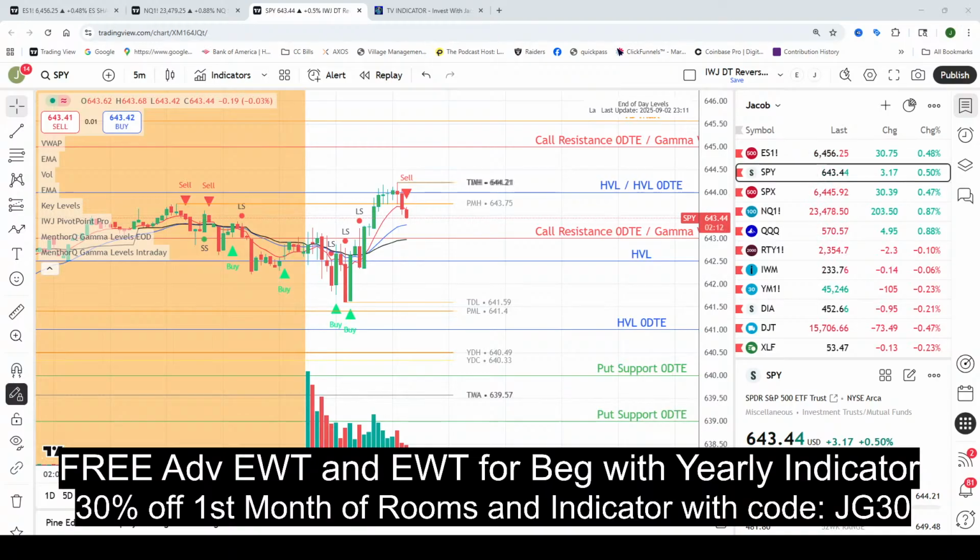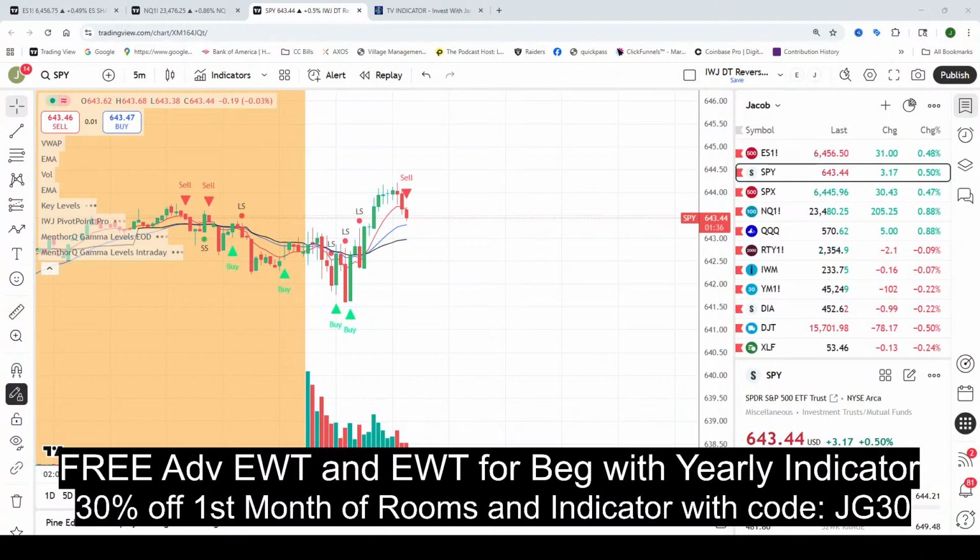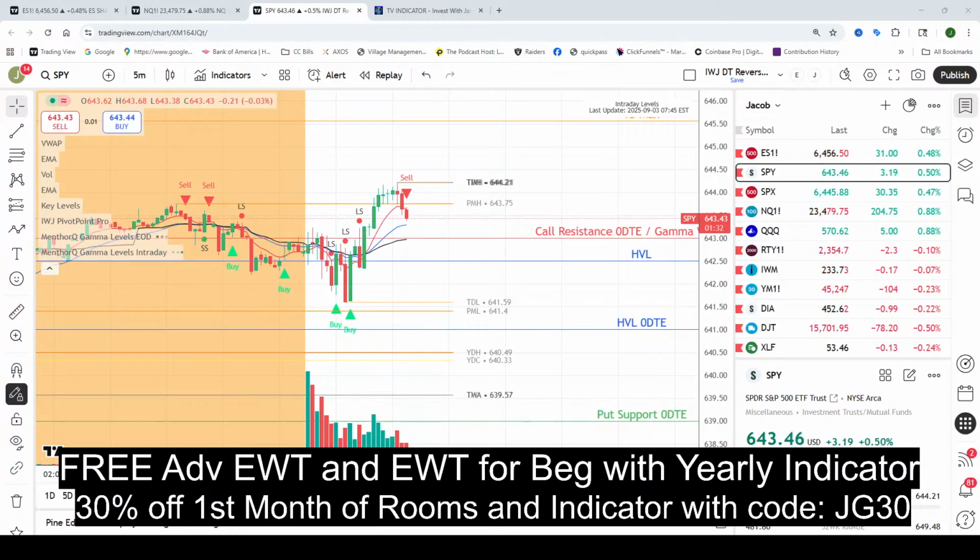That's a good sign for the bears. Volt dropping into the negative now. That's a good sign for the bears. ADD dropped to the negative. 128 is the level we're looking for.